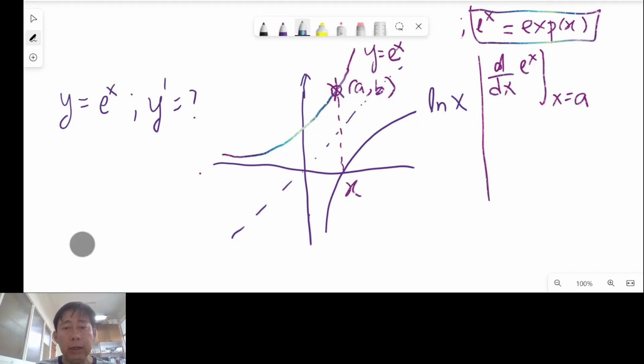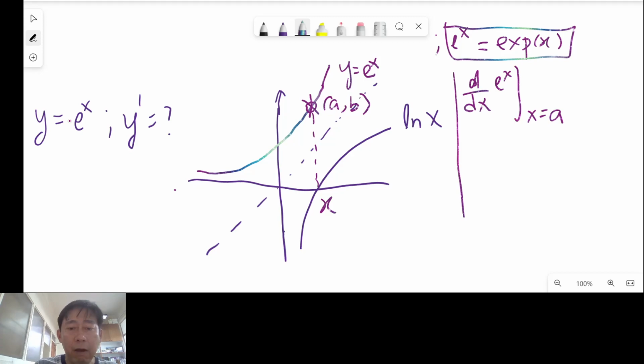The derivative of the exponential function at the point x equals a is related to the derivative at the corresponding point sitting on the natural log function.